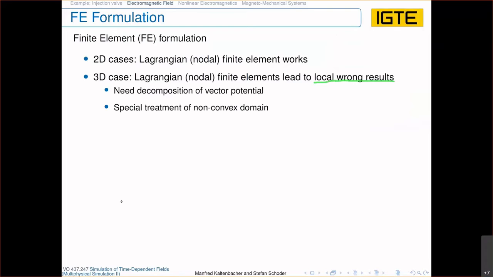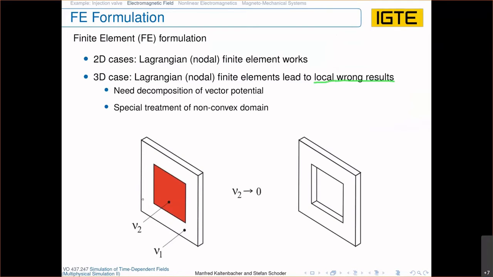If you look at such a domain where we have two different ferromagnetic materials, and in this domain, for example, in this red domain, the reluctivity is going to 0, which means you have a very high permeability. Since this reluctivity scales our curl-curl operator, it would mean in the limit going to 0 that this domain can be excluded.